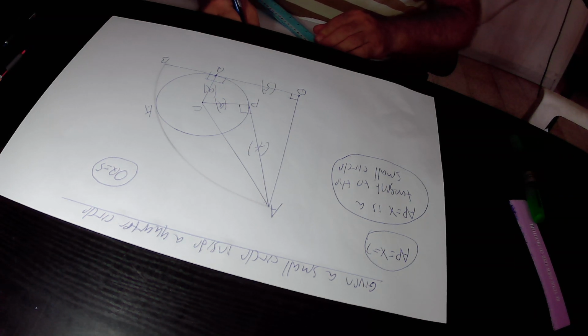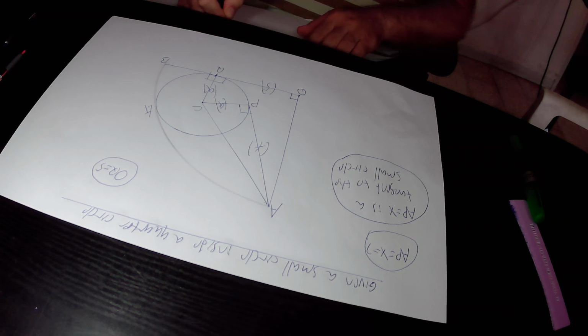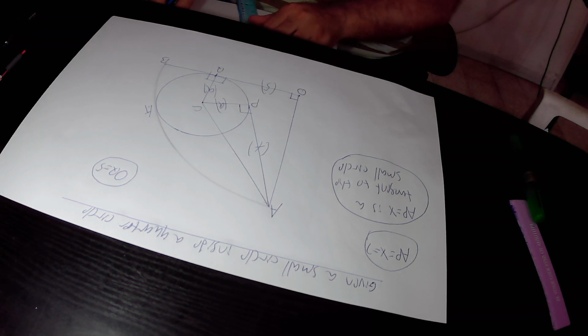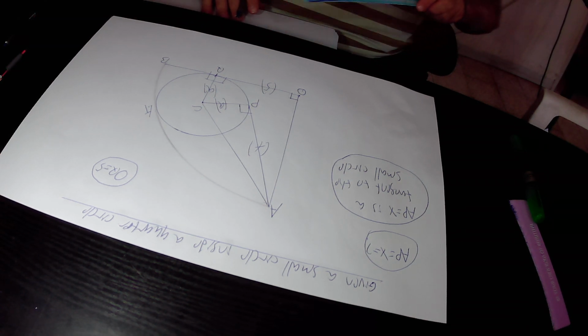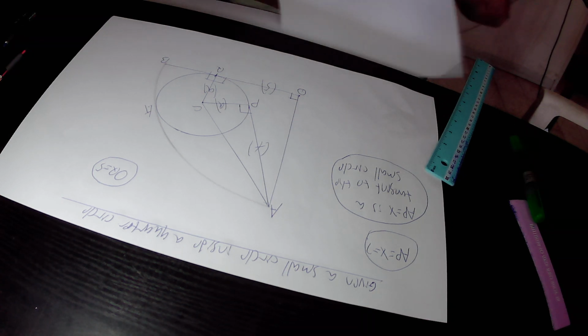Here PT is the abbreviation for Pythagoras theorem. So really this is the right triangle APC according to the original drawing.